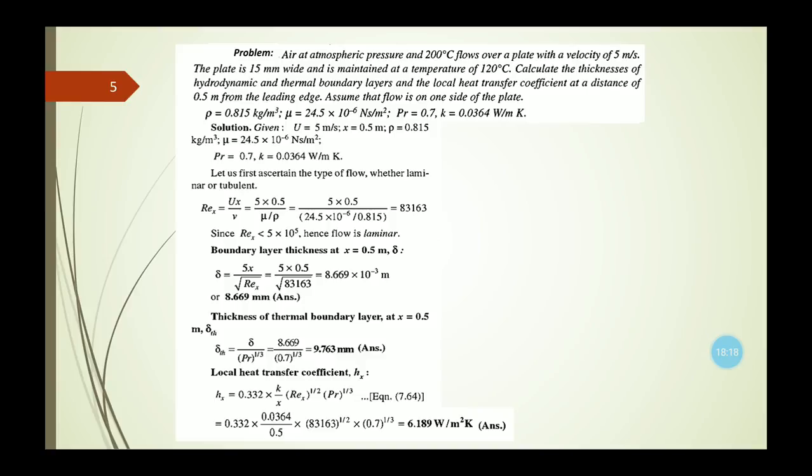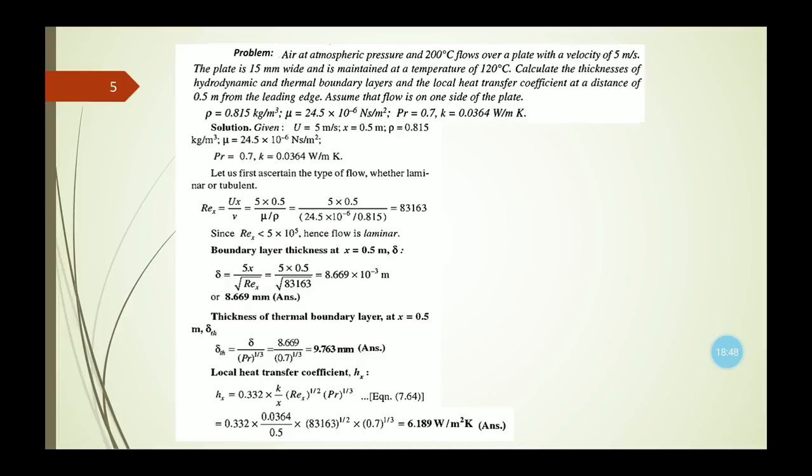Here all the values are given in the question: the thermal conductivity k, the value of x, the length 0.5 meter, the Reynolds number we have calculated in this numerical, and the Prandtl number. If we put all these values in the formula of the local heat transfer coefficient Hx, then after calculation we will get this value as 6.189 watt per meter square Kelvin.